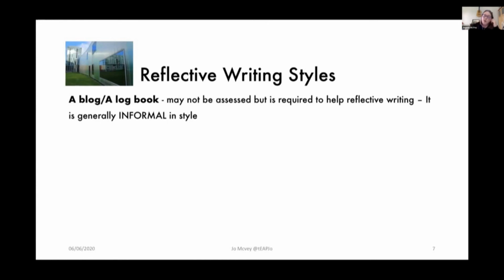This is very common where I work because I teach a lot of art and design students, so they're required to make these very impressive blogs. They're going to be assessed on it, and they have to be reflecting on their design process or their creative process. And it's usually informal.